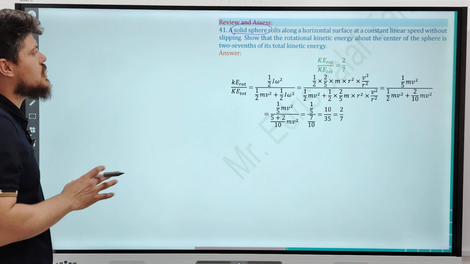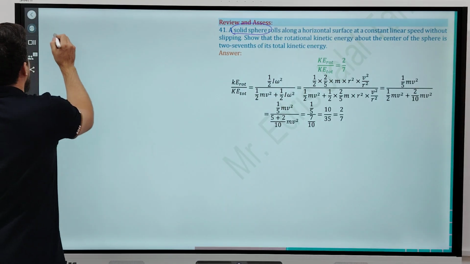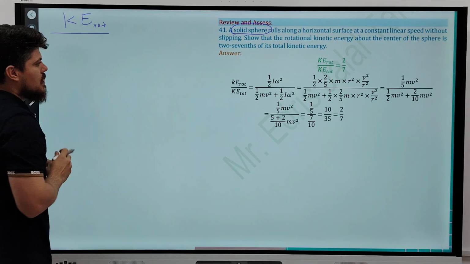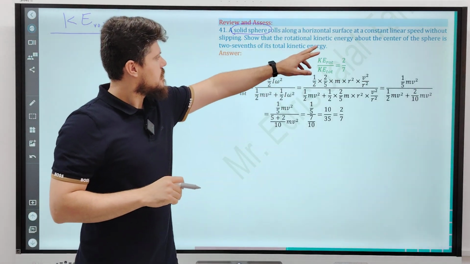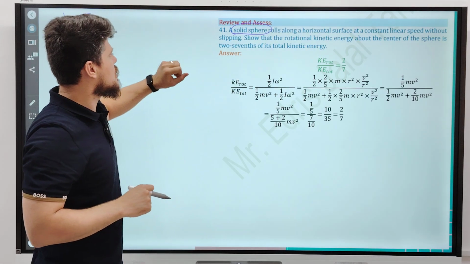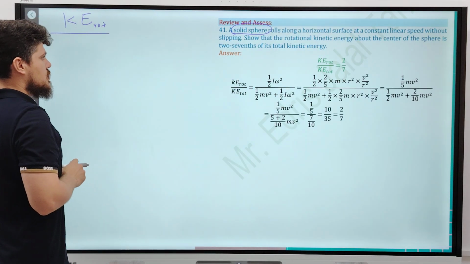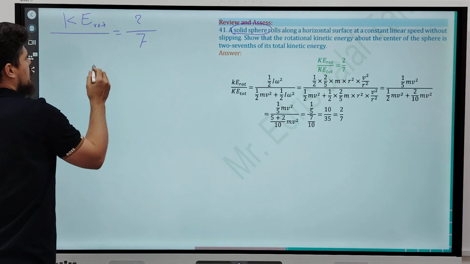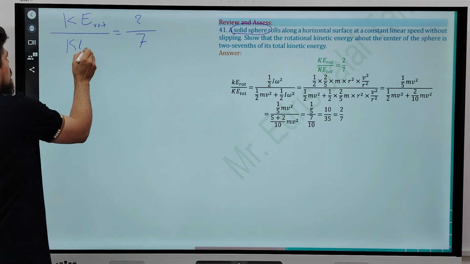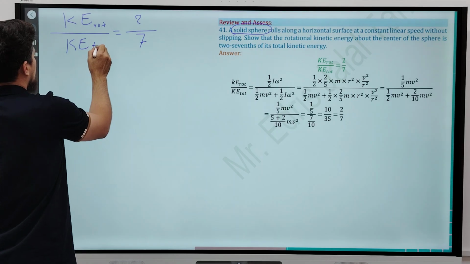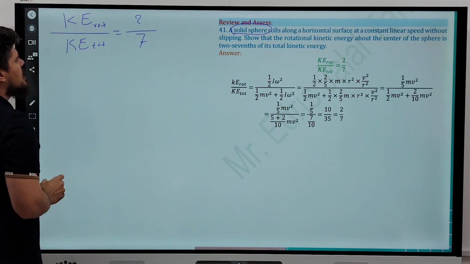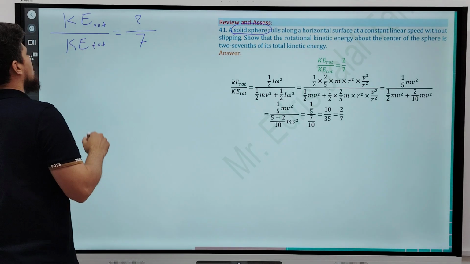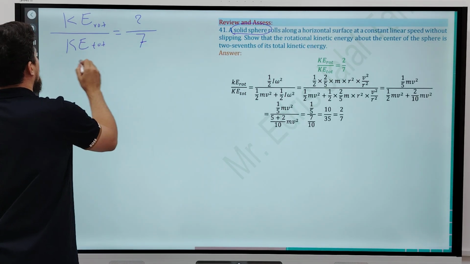Show that the rotational kinetic energy about the center of the sphere is 2/7 of its total kinetic energy. Is equal to 2/7 of what? Its total kinetic energy. Okay, so it means that the rotational kinetic energy is 2/7 of total kinetic energy.